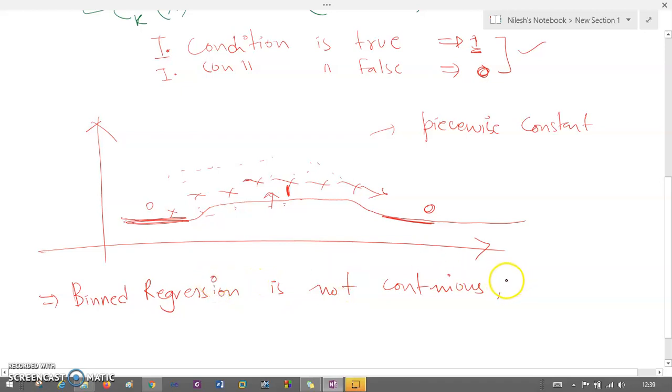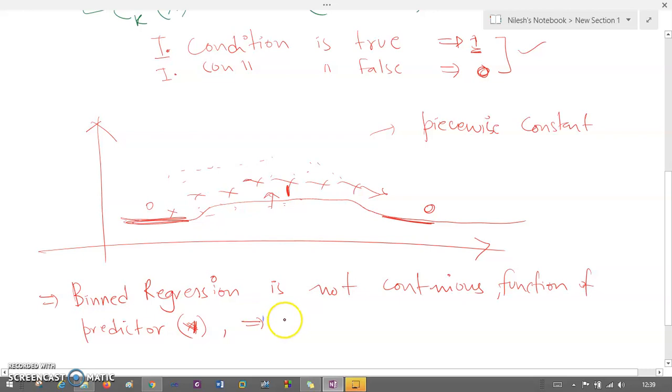This is 0, continuous function of predictor, that means your x. I think it is the function of predictors, I think it is y.